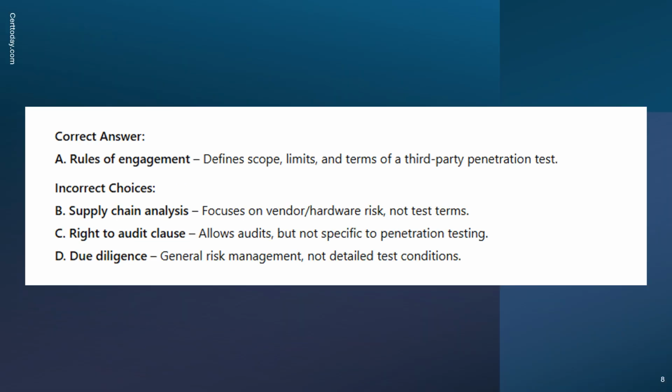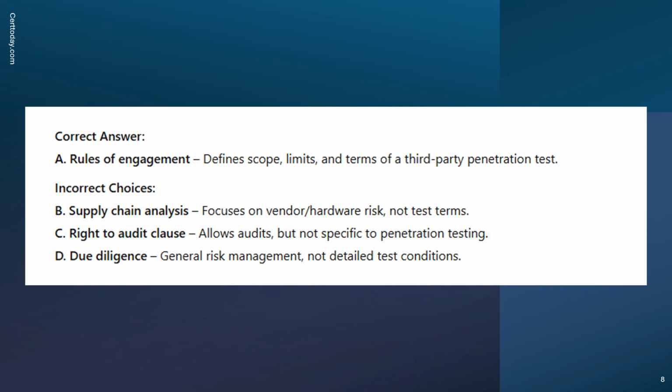The correct answer here is A, rules of engagement, which defines the scope, the limits, and the terms of a third-party penetration test. B is incorrect because supply chain analysis focuses on vendor and hardware risk, not test terms.